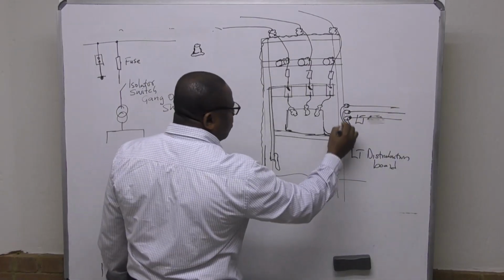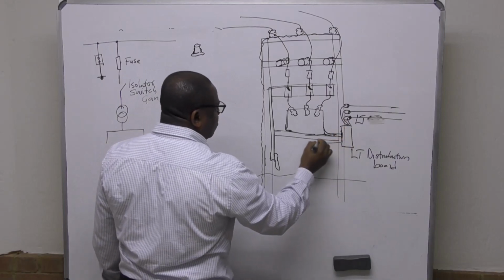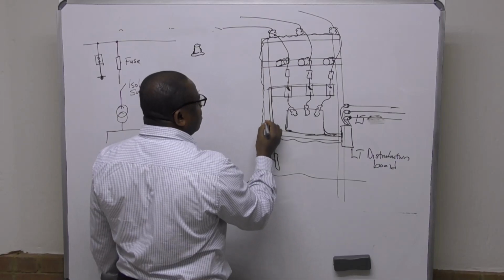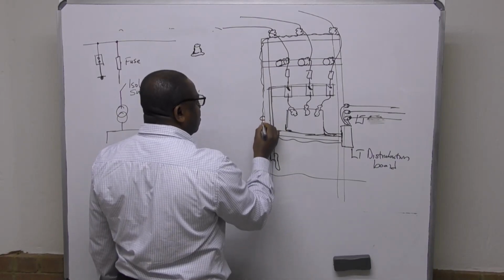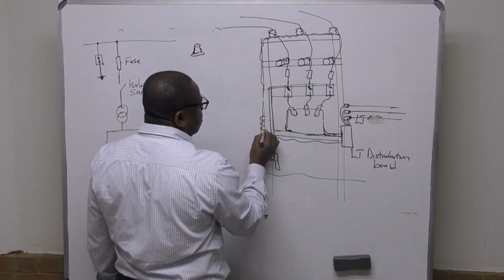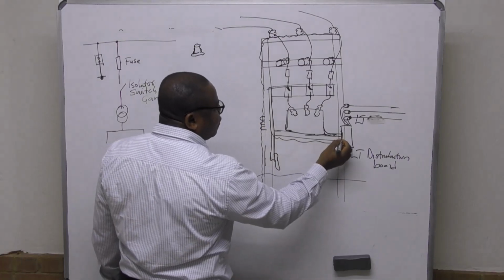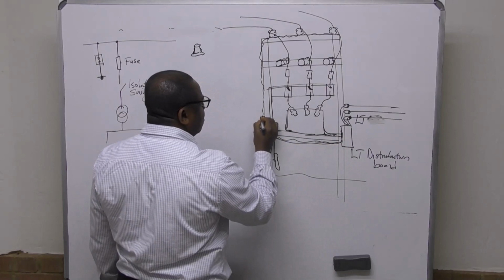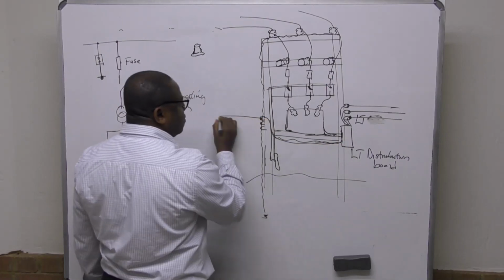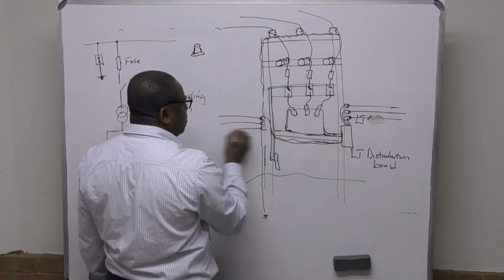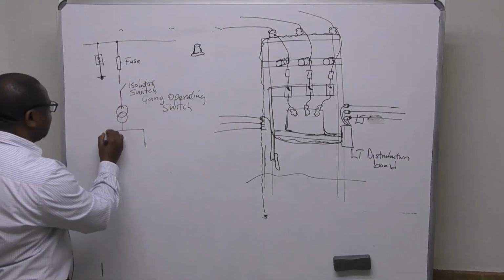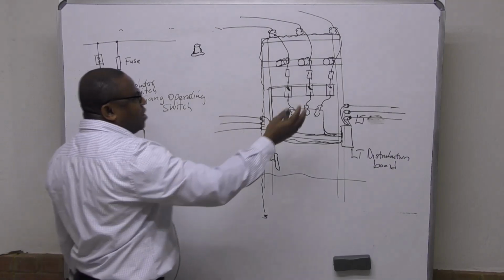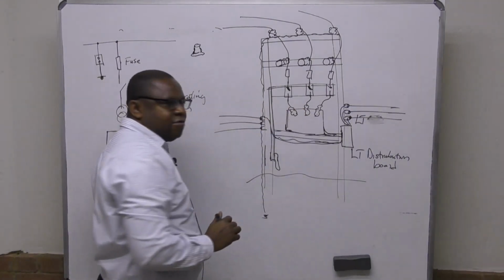You can even tap also from here, maybe on this other side. All right, that is phase A, phase B, phase C, all through there, into this. Just to have this section, and then you have that section, so you can now reticulate downstream.